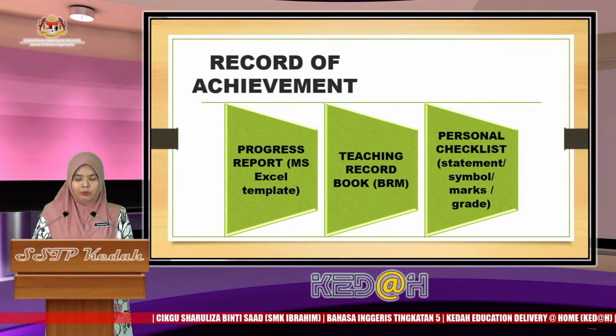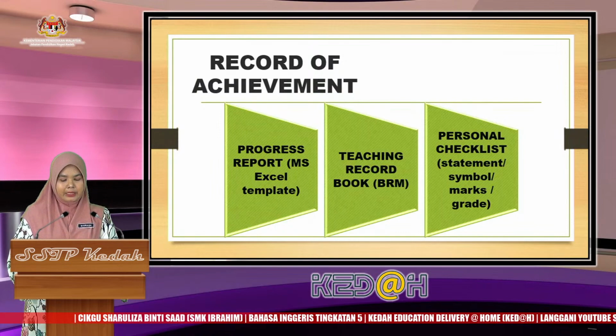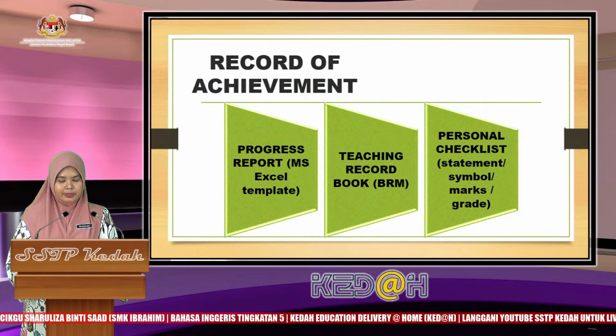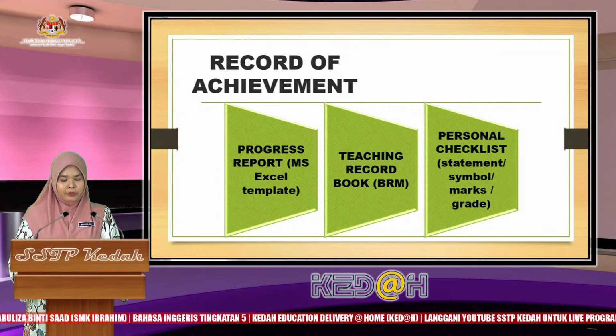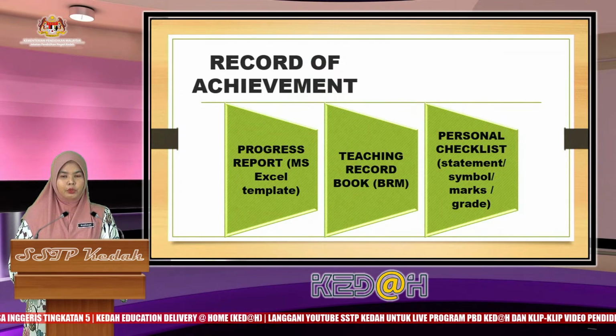You may want to have a name list with their progress in the teaching record book or buku record mengajar. You can also have a sort of checklist with a statement, marking symbol, marks and grades for your pupils' work.